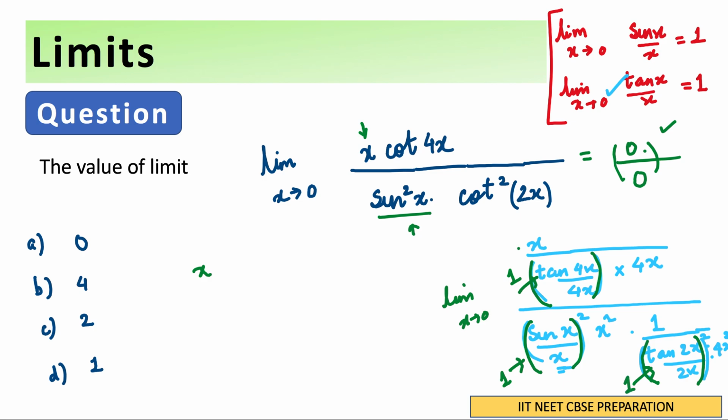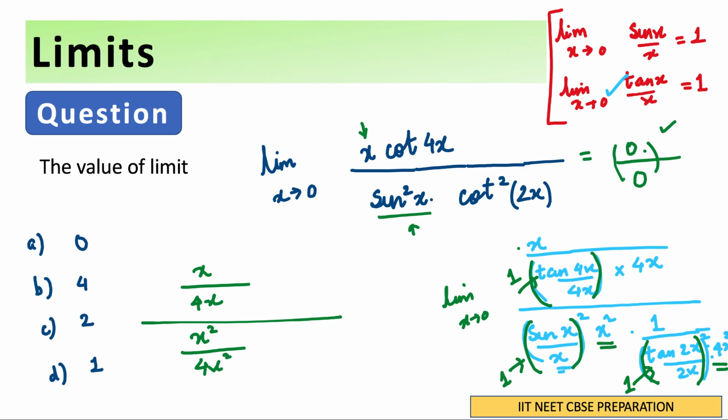Let us remove these and write the remaining part. So we have x upon 4x divided by, in the denominator, x square here and 4x square. So we have x square upon 4x square.